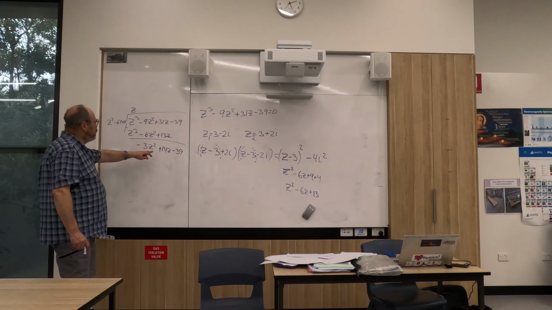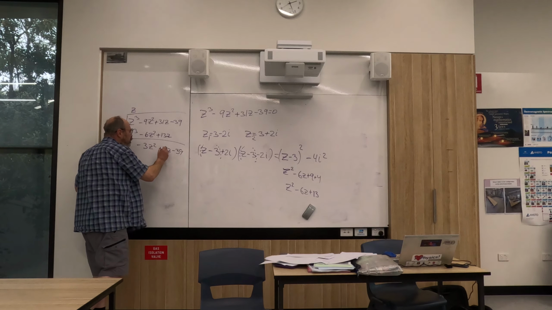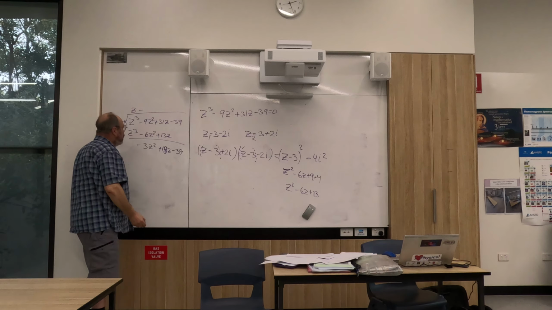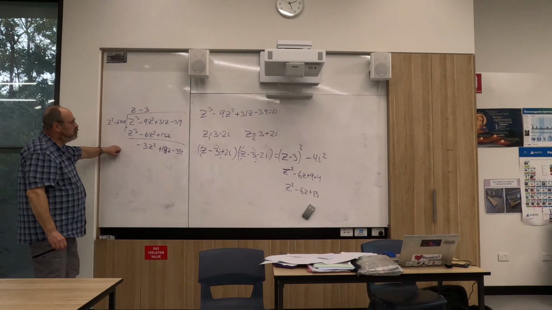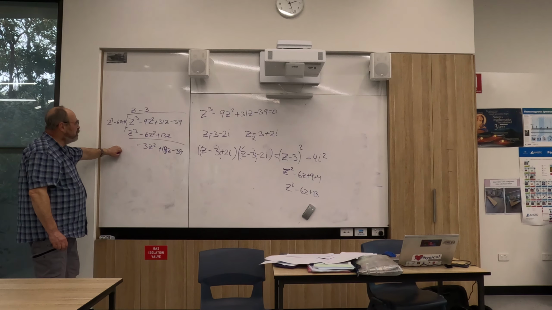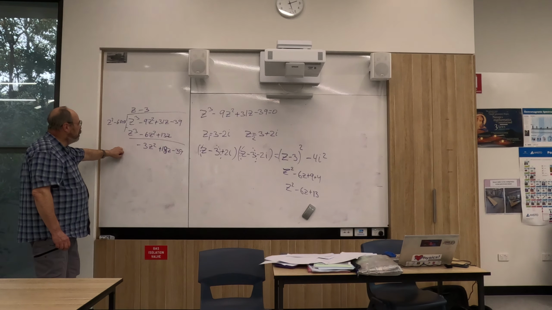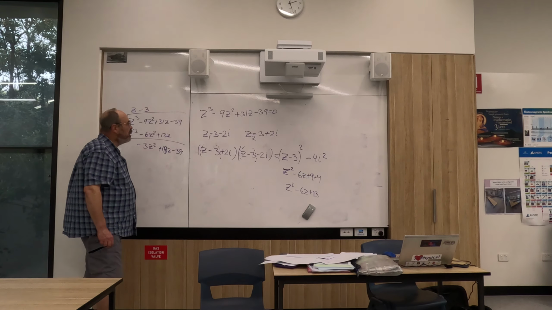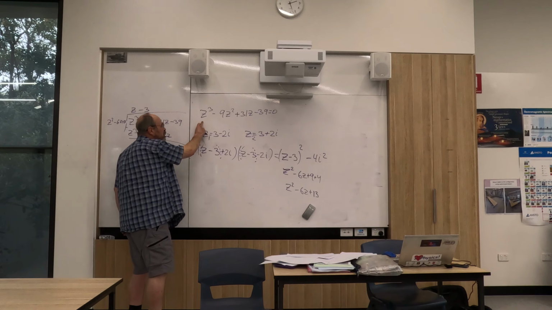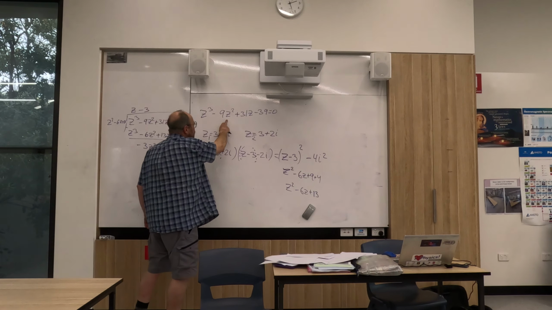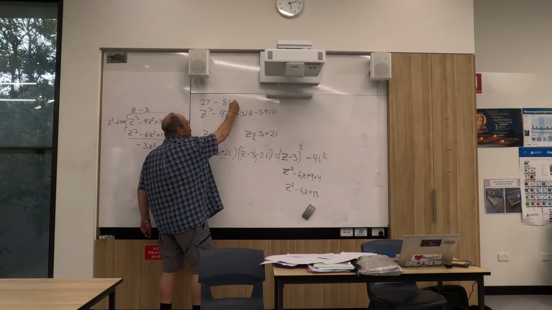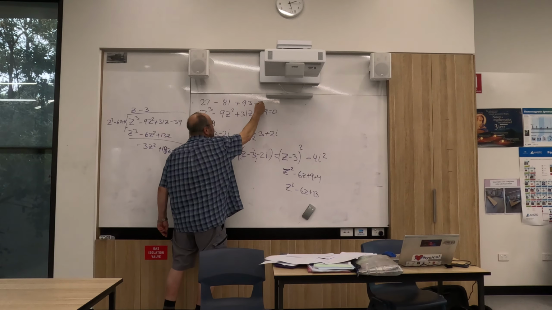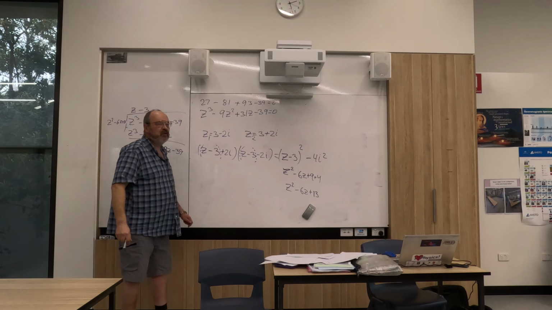So we have z minus 3. That's it. Again, 27 minus 81 plus 93 minus 39 equals 0. So the third solution is 3.